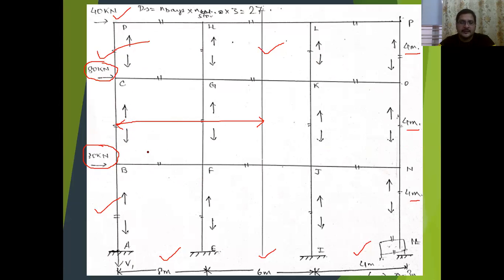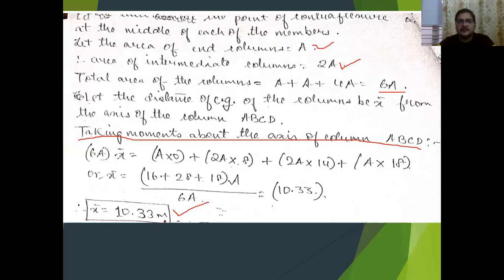That is the distance of the CG from the extreme-most left column, which we have taken as a reference column. That distance is coming 10.33, which we represent by x bar. So the x bar is nothing but the distance of CG, 10.33 meter, from the reference column, which is the extreme most left column of the frame.